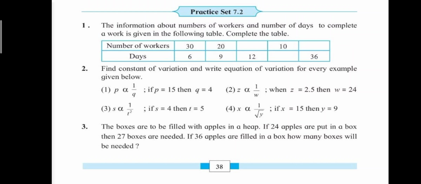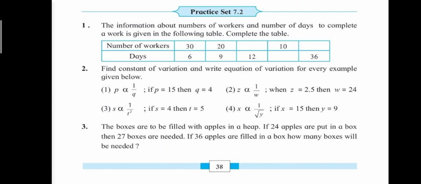But the constant, which is k, here it is the same. Only what is changing is the number of apples in a box and the number of boxes. So when k is constant, it is not changing accordingly.